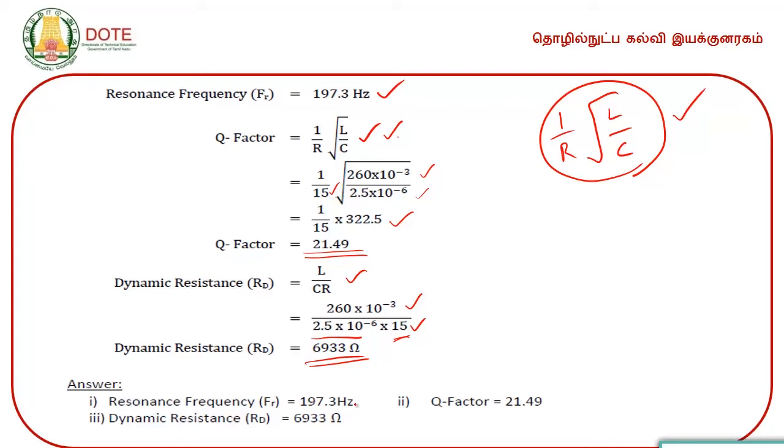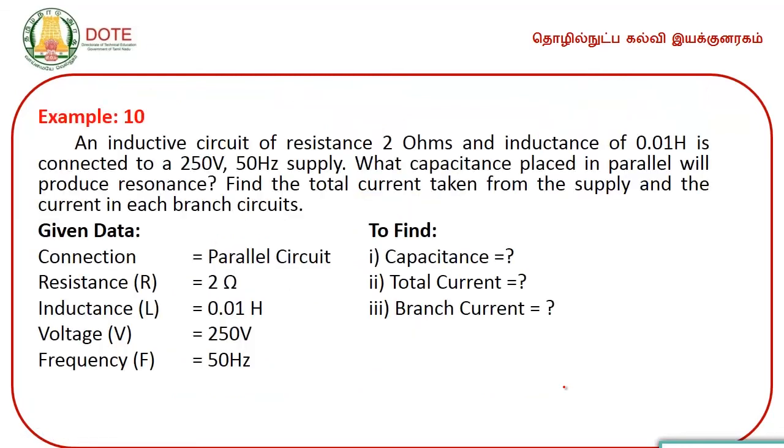Now, we can summarize: the resonance frequency is 197.3 hertz, the dynamic resistance RD is 6933 ohms, and the Q factor is 21.49.